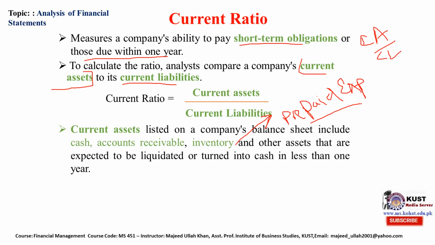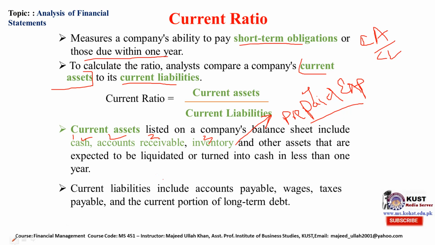So these are current assets: one, two, three, and four. They constitute current assets. And other assets that are expected to be liquidated, turned into cash, in less than 1 year. All those assets which are going to be converted into cash during 1 year will also be included in current assets.